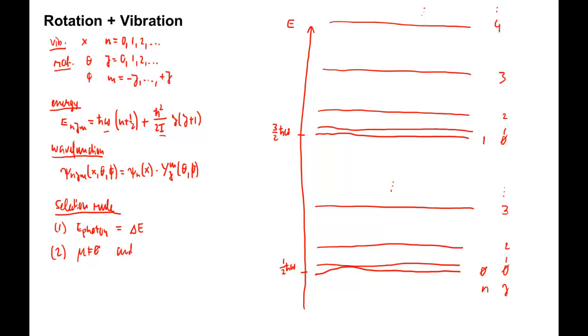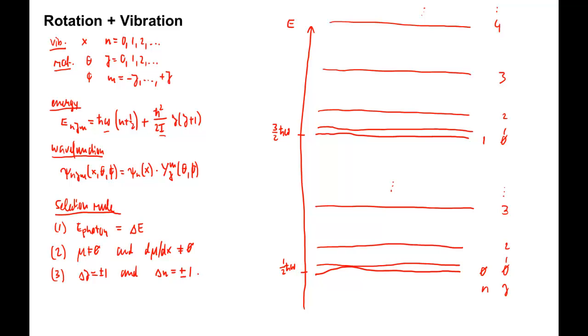And the dipole moment must change as a function of displacement, d mu dx not equals 0. Third, the only allowed changes in quantum numbers are delta J equals plus minus 1 and delta n equals plus minus 1.